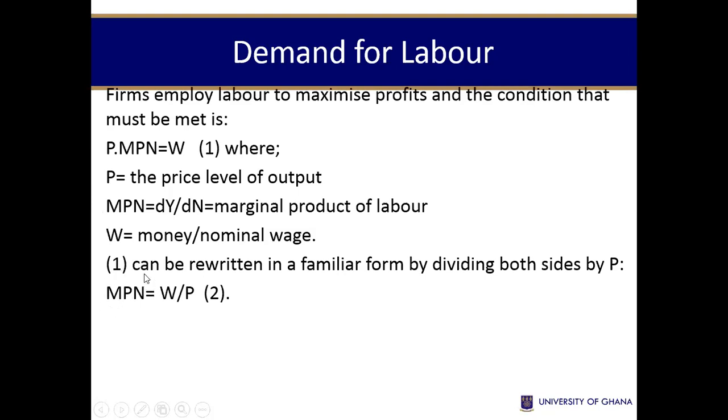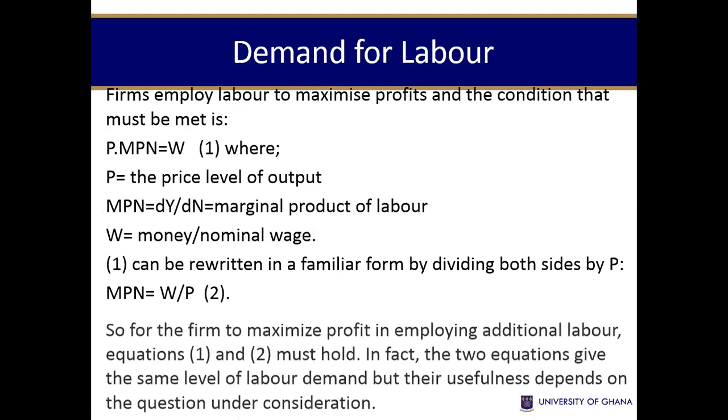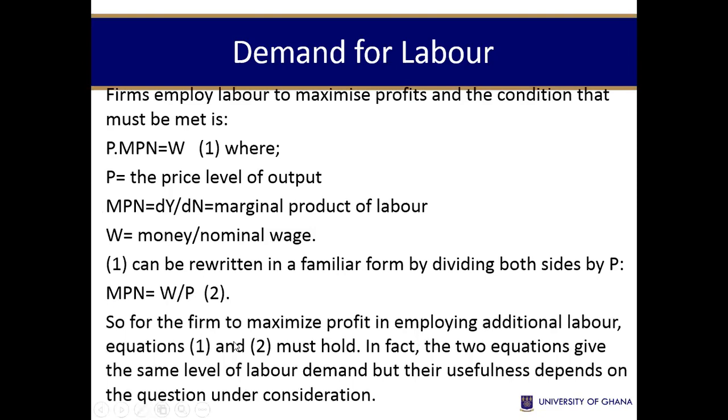This part is the marginal product of labor, the benefit that the extra unit of labor adds to total output. And this is what it costs the firm to hire that unit of labor in real terms. So basically the two equations are the same, but it just depends on how you want to give your explanation or interpretation.